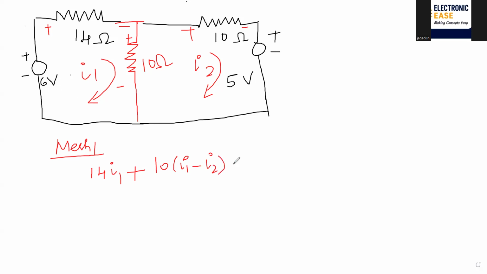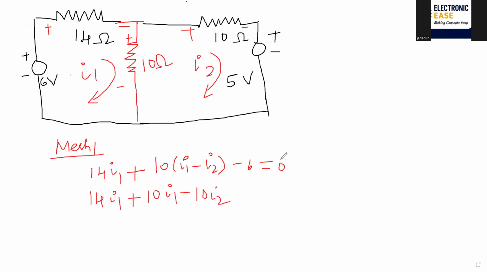So minus 6 is equal to 0. So 14 I1 plus 10 I1 minus 10 I2 is equal to 6.